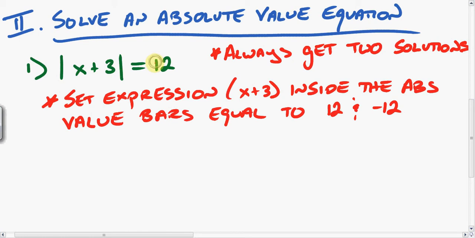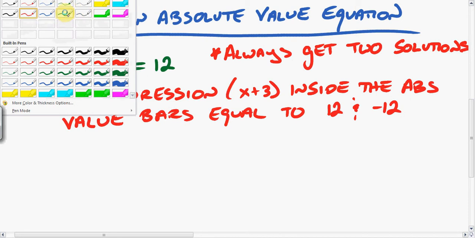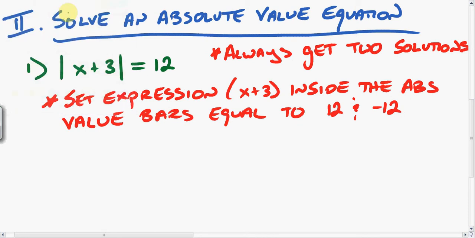So whatever this number is equal to, or it could be an expression, you want to set it equal to that exact number and the opposite of that number. So you're going to have two different problems to solve here, and you're going to get two different numbers. So we've got x plus 3 is equal to 12.